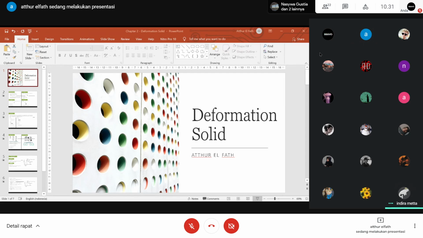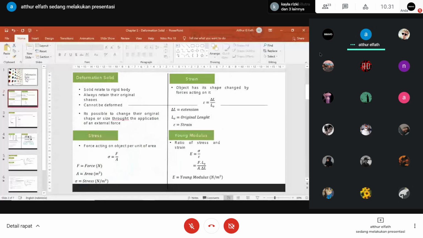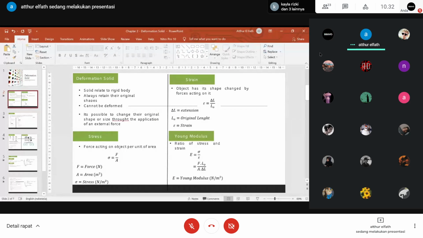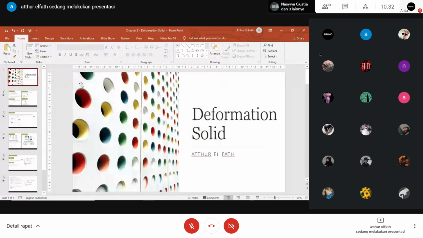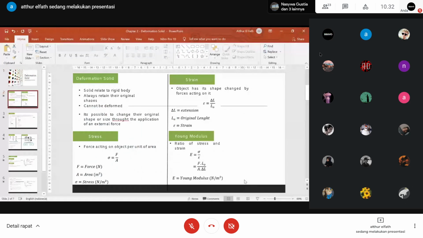But basically, Mister. Yes. Sorry to interrupt, the slide is still on slide 1 and not full screen. Oh yes. Wait. It's moving now, it's changed. Okay, I try to make it full screen, and then you see the characteristic of deformation of solids. Do you see the next slide? Full screen, Mister.